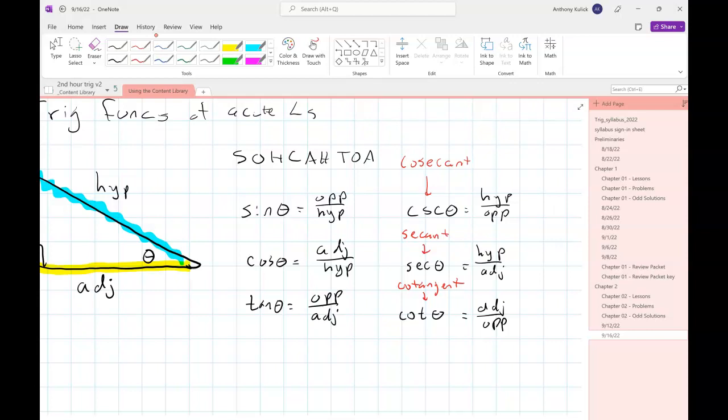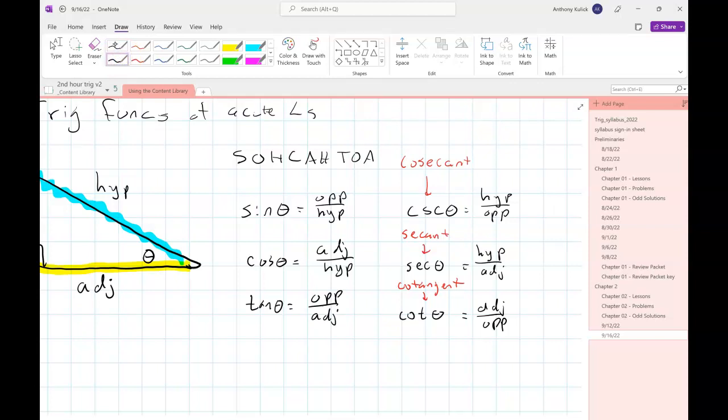So that's what I would encourage you in terms of remembering these three new ones: we're not memorizing three new things. You're just remembering that they're reciprocals and then which ones pair with which. Tangent with cotangent, sine with cosecant, and then cosine with secant, just like the way I've written them together here. That's the easier way to remember that.